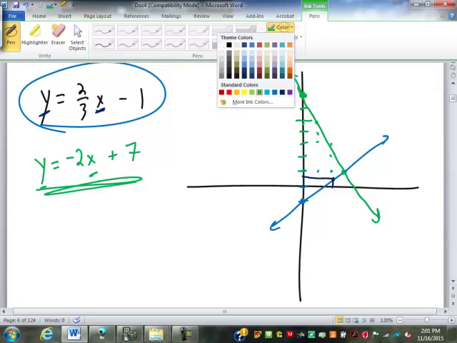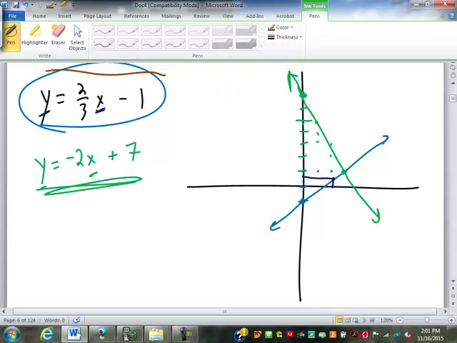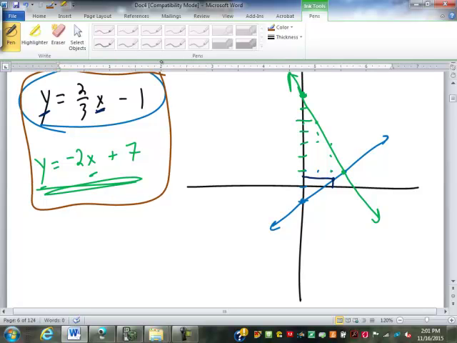Yeah. So when I give you a system of equations, I'm going to give you two equations, and I'm going to ask you, give me the values for x and y that make both equations true at the same time. Well, on the graph, where would that be? That would be where the two equations cross, right?